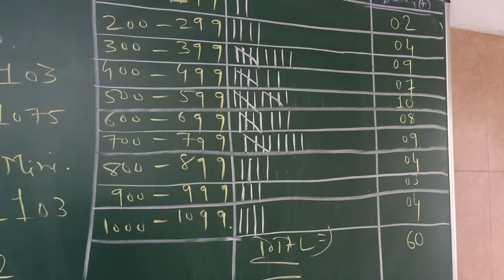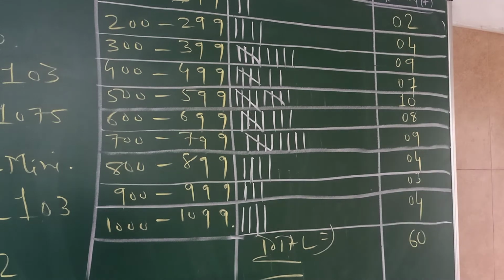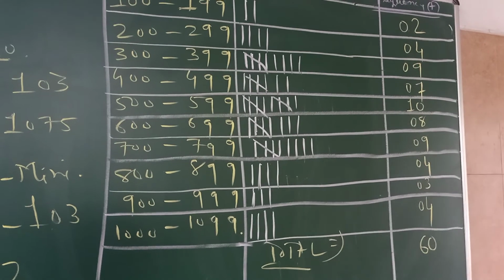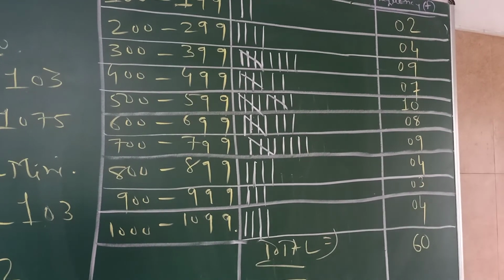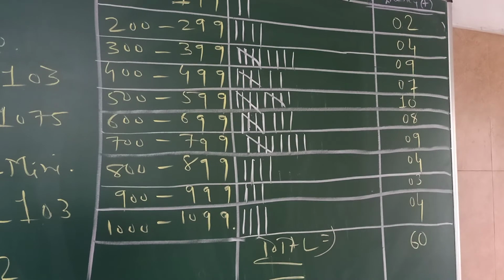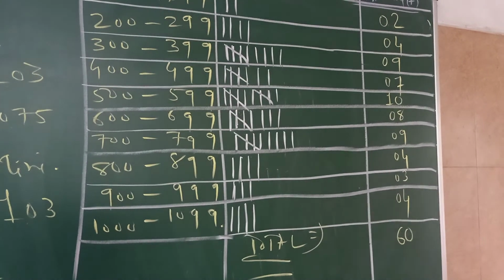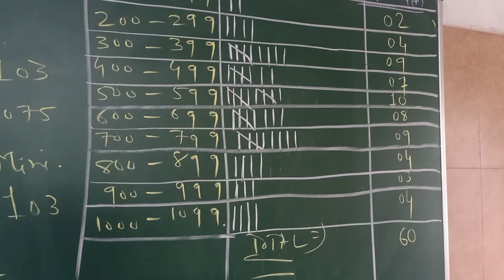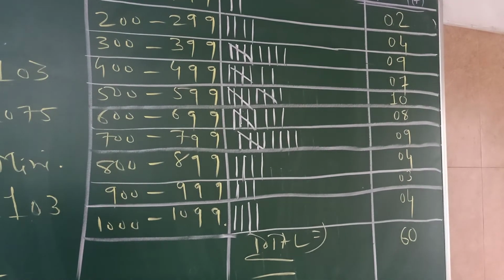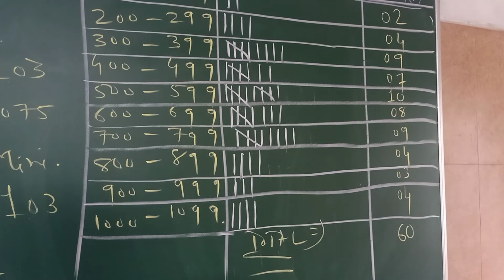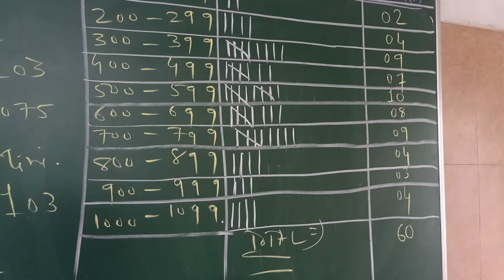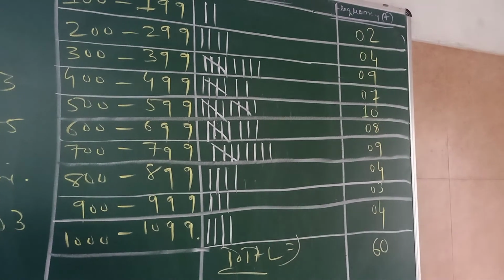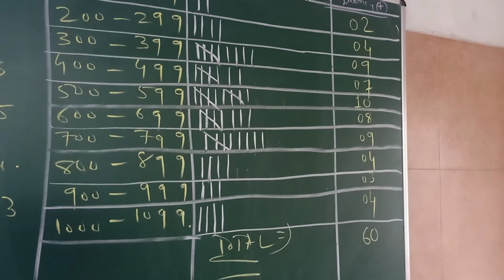Minimum must be considered in the first class and maximum in the last class. So we begin from 100 to 199, 200 to 299, up to 1000 to 1099, because our maximum is 1075.